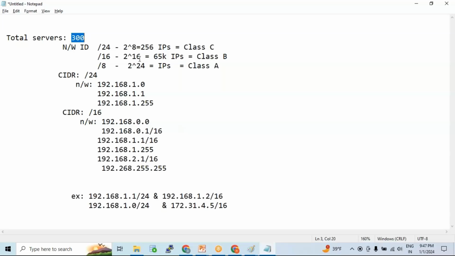I'm just changing my terminology, that's it. Rather than using the terms CIDR and network ID, I'm just using the higher level term. Should I go with class A, class B, or class C? That is the decision that you need to make first. Because class C will give you 256 IPs, class B will give you 65K IPs, class A will give you some more extra IPs. So first you need to decide which class you wanted to consider here to configure the IPs for your servers in your data center. Are we good with this statement?